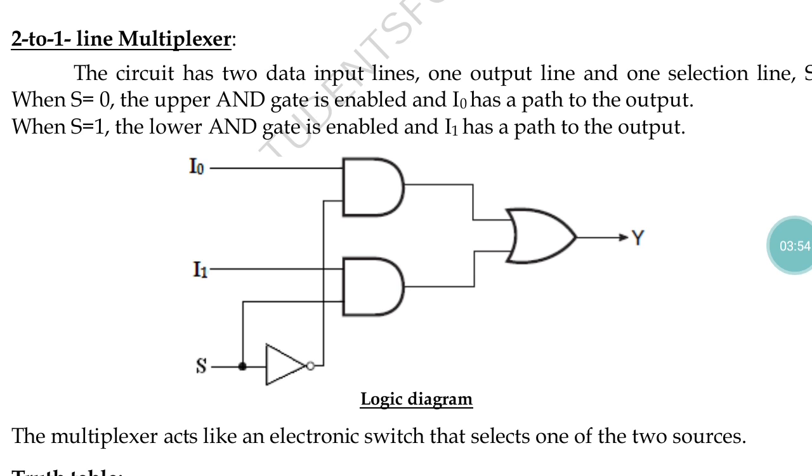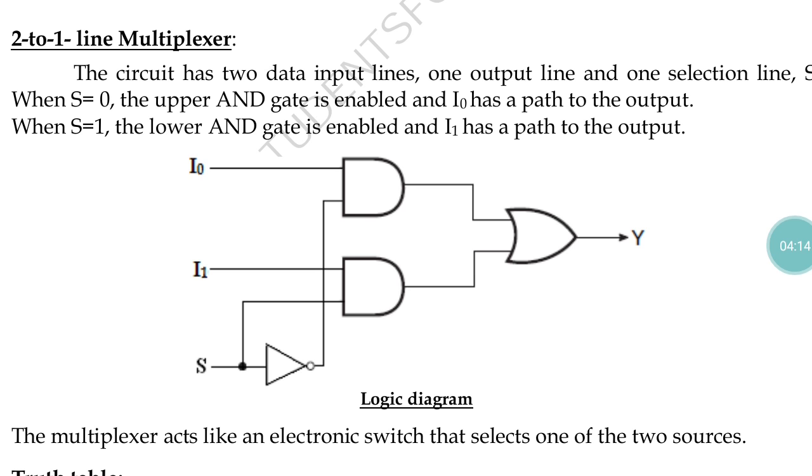So we must have one control signal. The control line is referred to by the letter S in the diagram. We also have two inputs, I0 and I1, and these are connected as per the diagram.